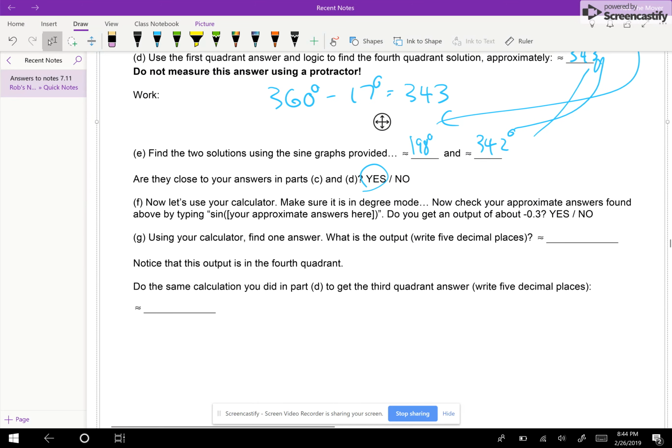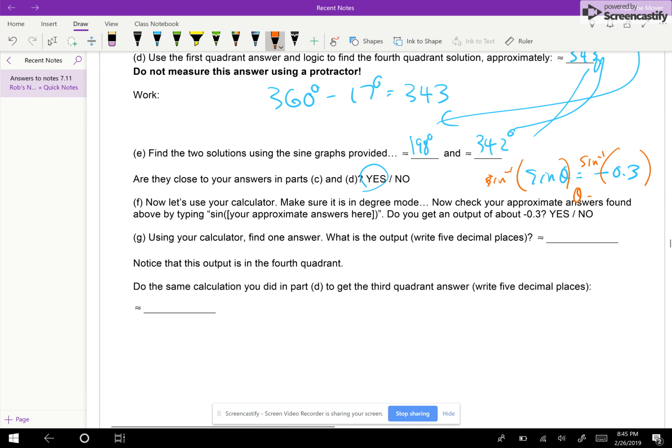Okay, now we actually are looking for where the sine is equal to negative 0.3, where the sine of theta is equal to negative 0.3, right? Now, how do we do that on the calculator? Well, how do I do this algebraically? I have to do inverse sine of this angle, inverse sine of the sine on the left, and inverse sine of that value, negative 0.3, on the right.